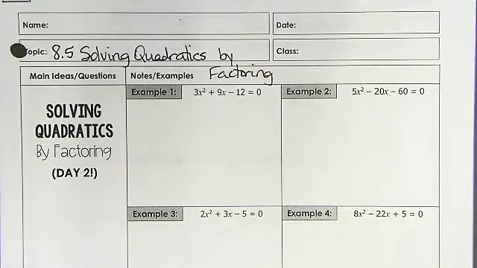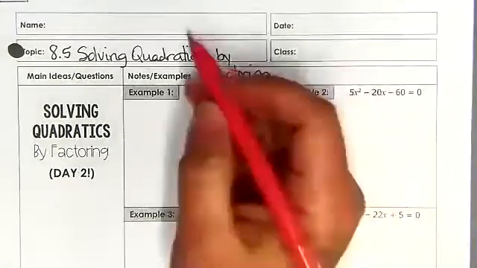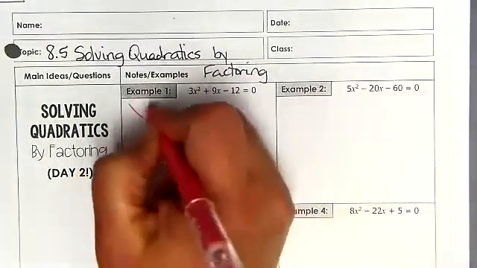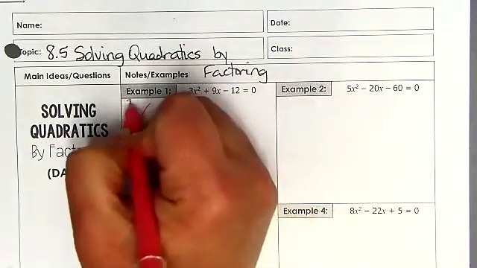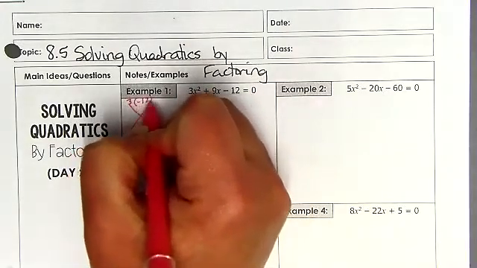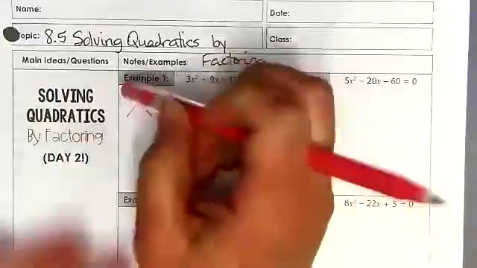Okay, here's our day 2 where we're doing more complicated factoring with the solving quadratics. So here we go. Here's our examples. We do the same thing. I'm doing the product sum box. So I have 3 times the negative 12. So that's going to give me negative 36.